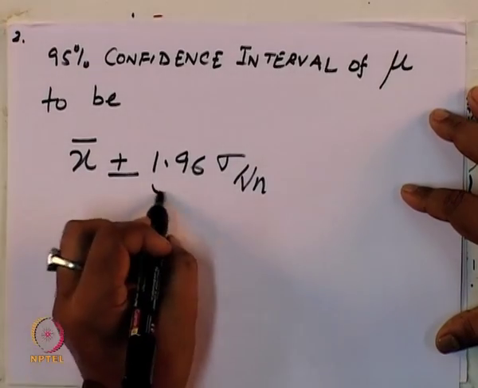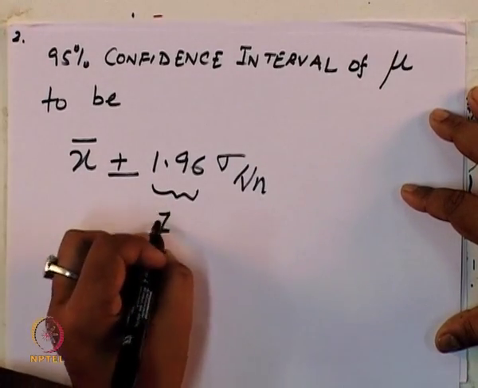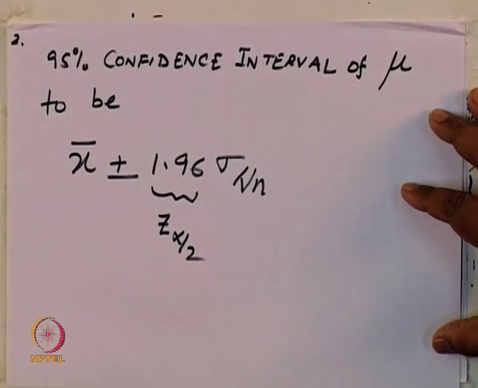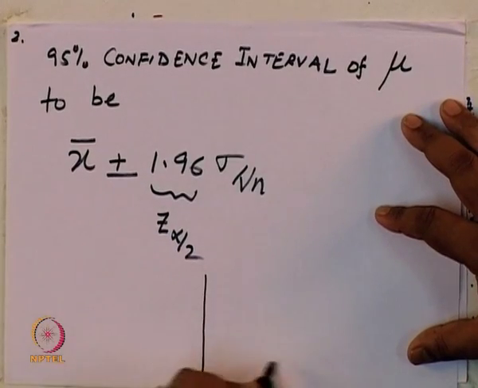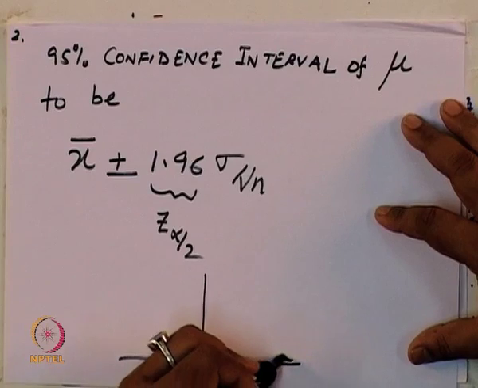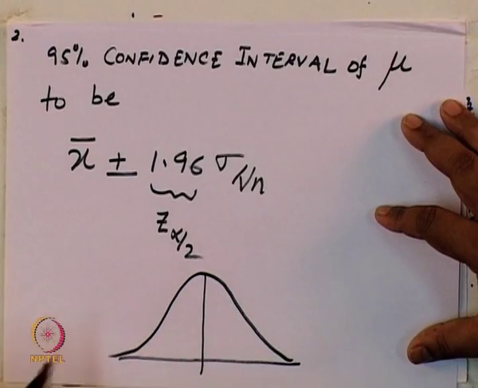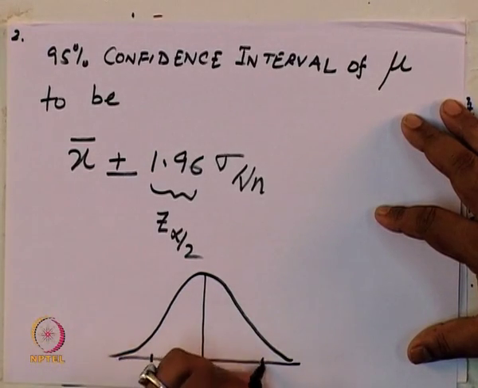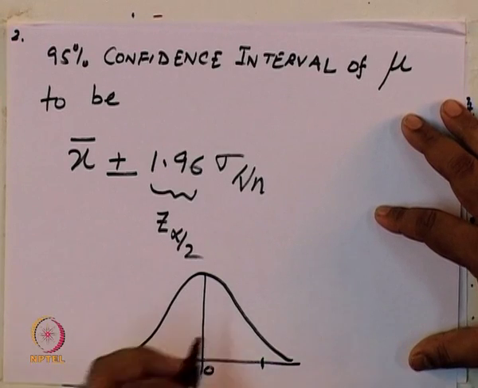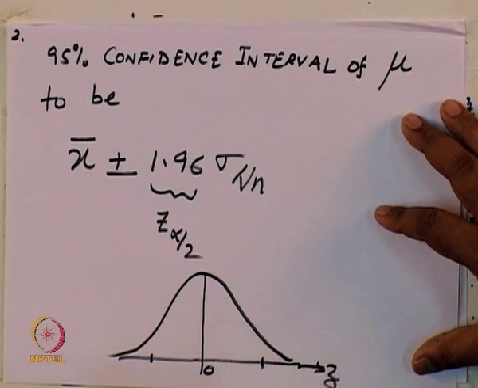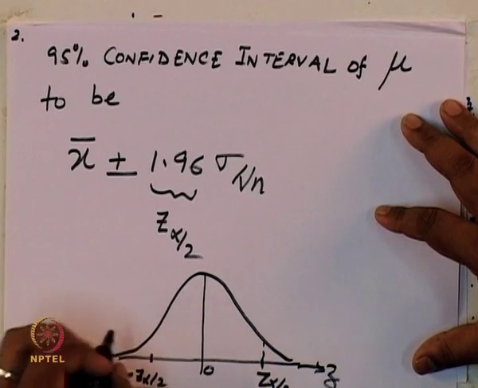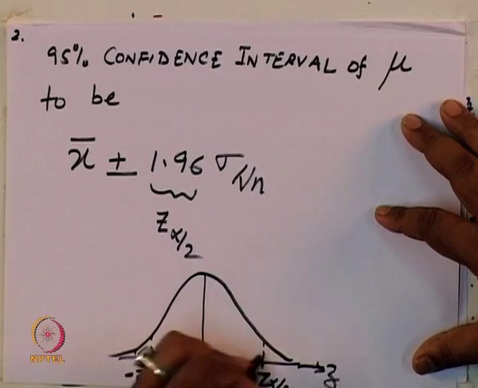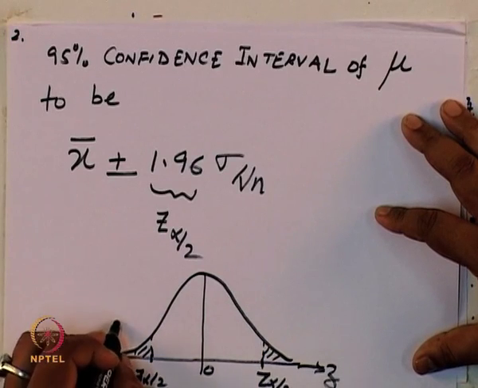This term you can write in general as z of alpha by 2. What is z of alpha by 2? If I plot this curve, this is 0 for a standard normal variable z, this is minus z of alpha by 2, this is plus z of alpha by 2, and if you integrate these two tail areas, you get a value of alpha.